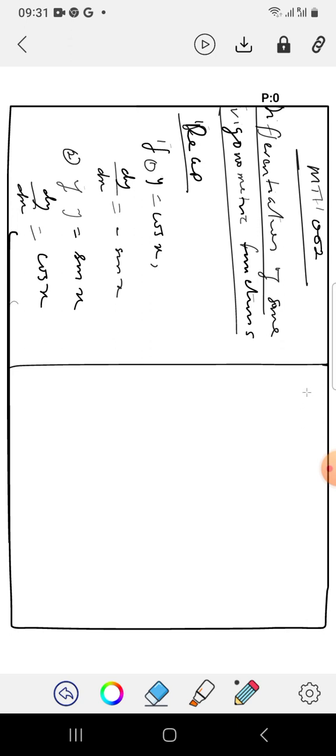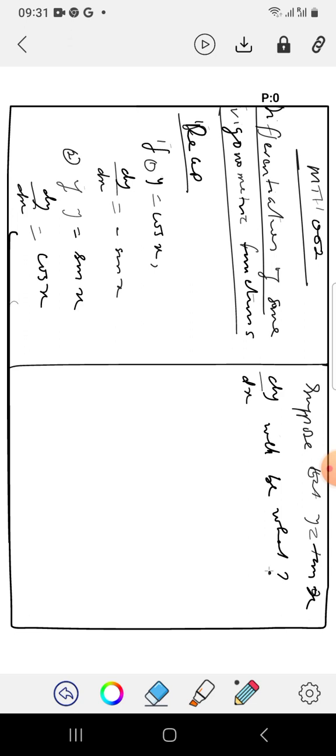Now let's look at tan theta. Suppose that y equals tan x. Then what is dy/dx going to be? The solution will be like this.